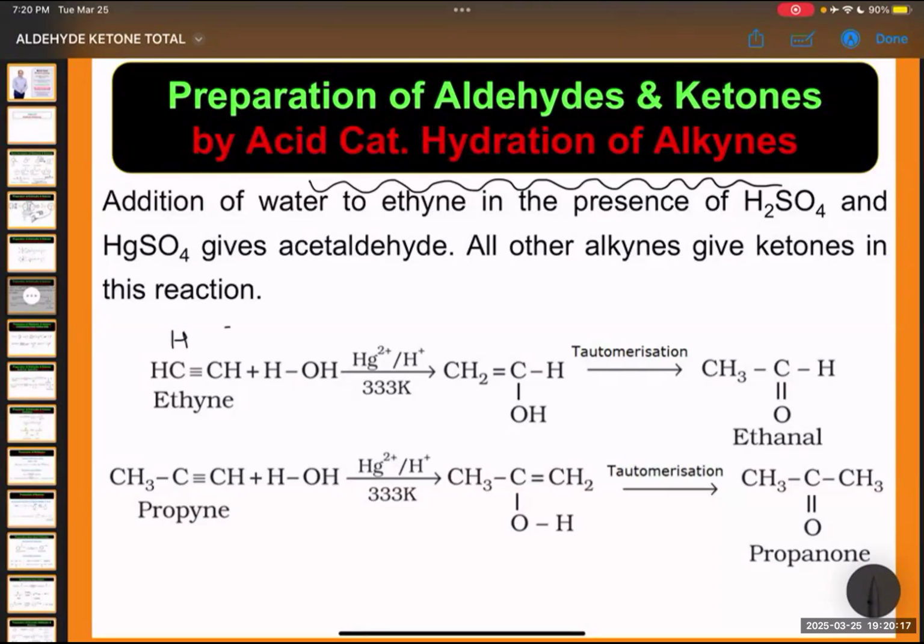In alkynes, you add water and you get the enol form.